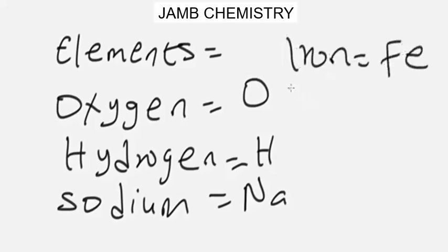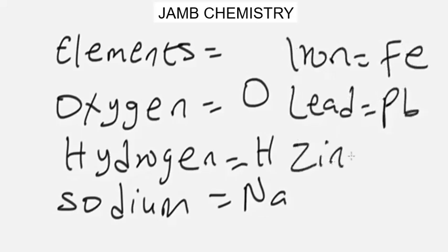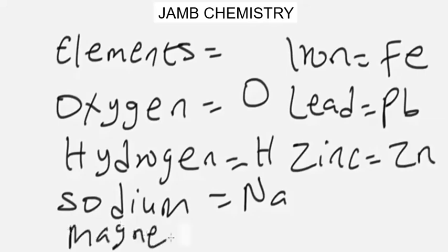Another example is lead has its chemical symbol to be this, Pb. Another example is zinc has its chemical symbol to be this. Another example is magnesium. Write it here. So magnesium has its chemical symbol to be this. In this order.